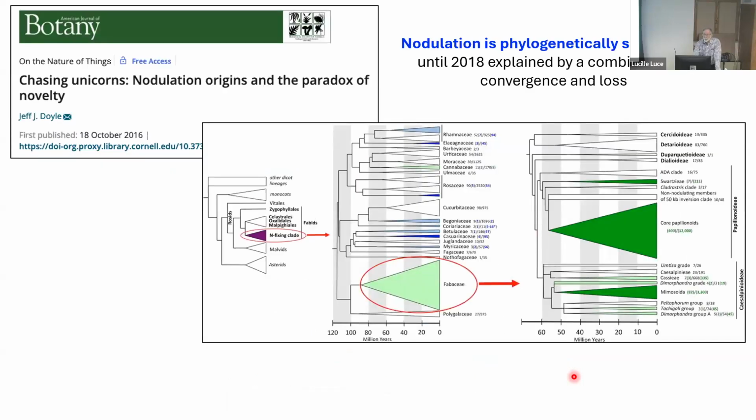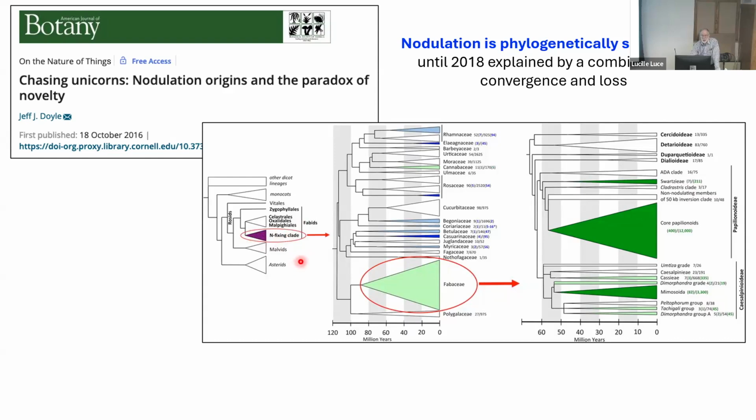So I mentioned already that it's not necessarily found only in the legumes. In fact, nodulation is phylogenetically scattered. And until 2018, which I'll explain in a moment, this was explained by a combination of convergence and loss. Nodulation, once thought to be widely scattered in the flowering plants, was shown early on in the era of phylogenetics to be concentrated in one clade within the flowering plants.